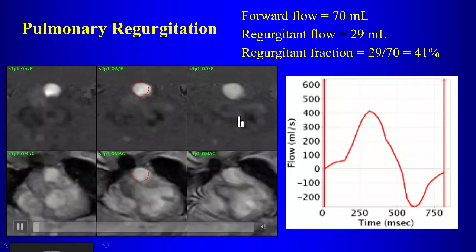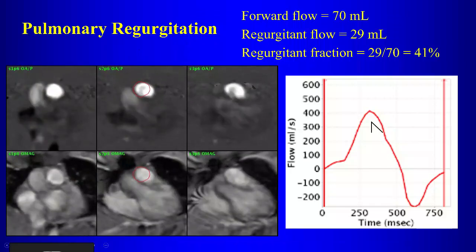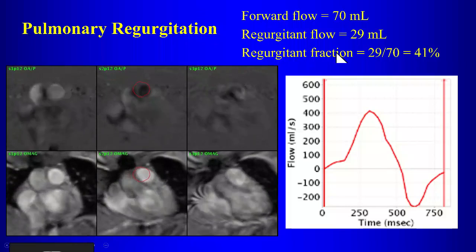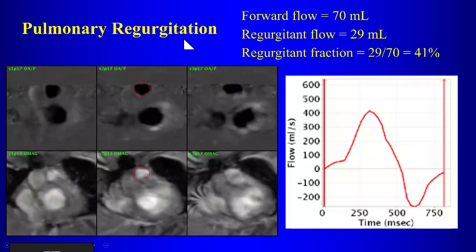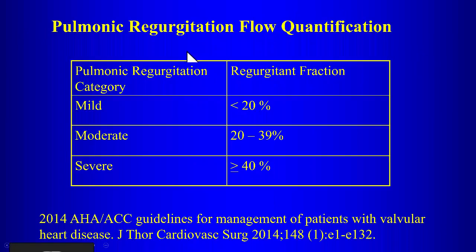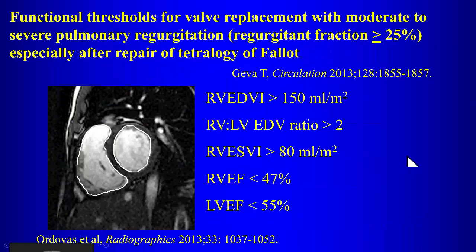So for pulmonary regurgitation, again, with phase contrast, we can measure the forward flow, we can measure the reverse flow. And then from that, we can calculate the regurgitant flow, the regurgitant fraction, and then there are criteria for that too, to decide whether it's mild, moderate, or severe, okay? And then in a patient who's had repair of tetralogy of Fallot, there are criteria for what's happening to the right ventricular ejection fraction for when they might need some intervention, okay?